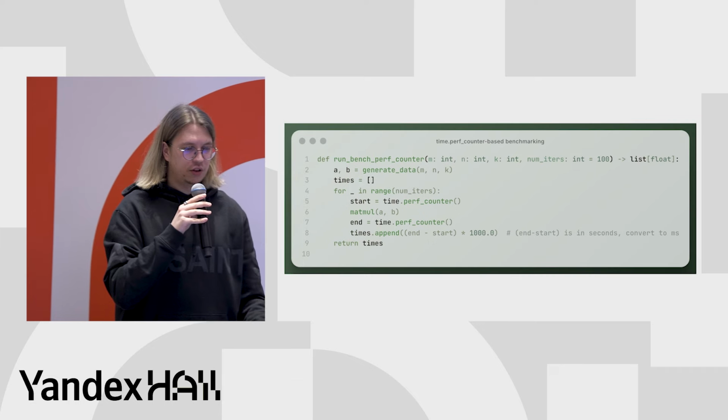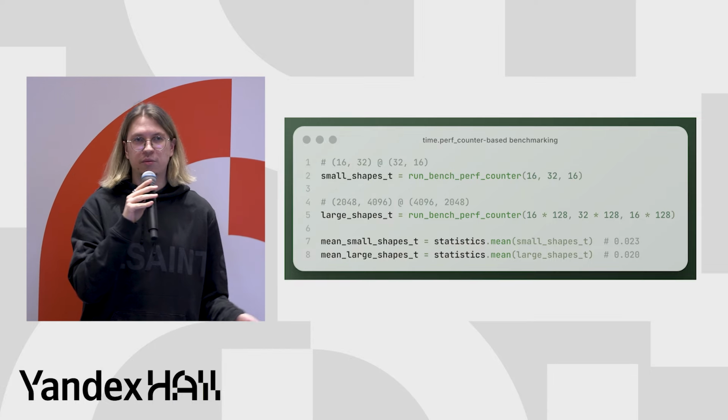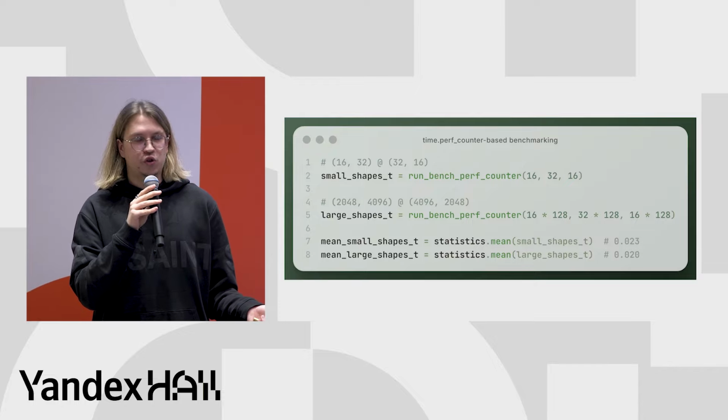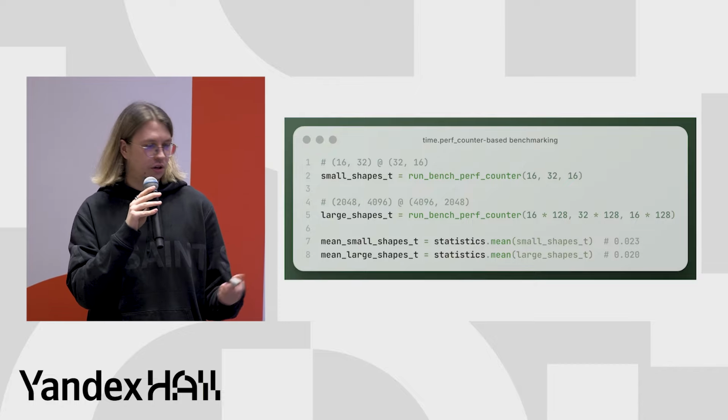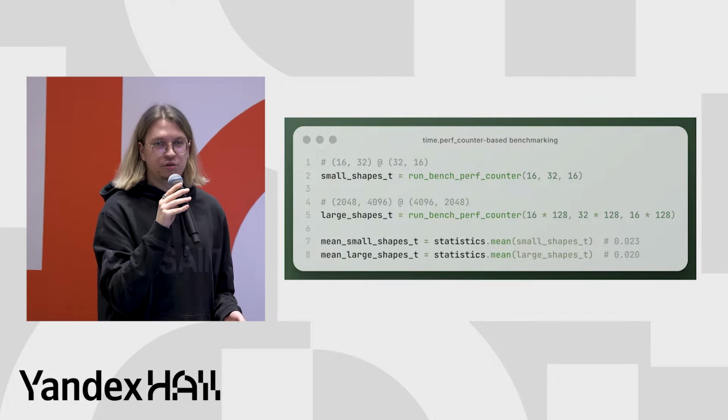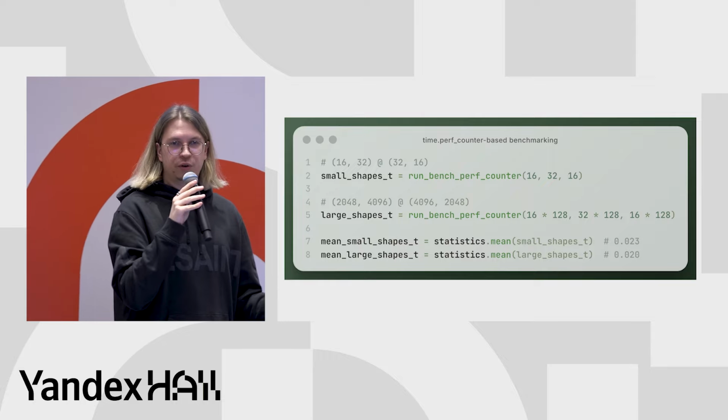And if we run this benchmark on different shapes, so let's say we run these benchmarks on matrices of shape 16 by 32, so really, really small matrices. And we also run this benchmark on matrices that are 100 times larger, we would actually get pretty identical results. And this is a bit confusing, right?